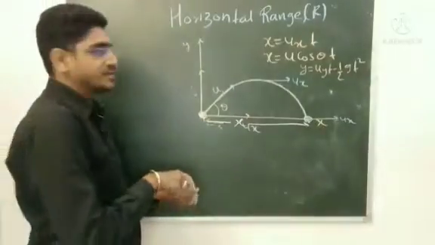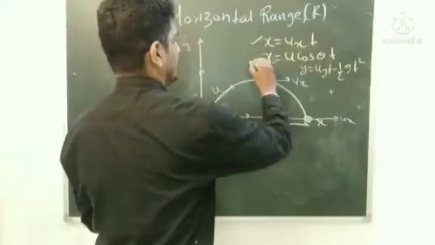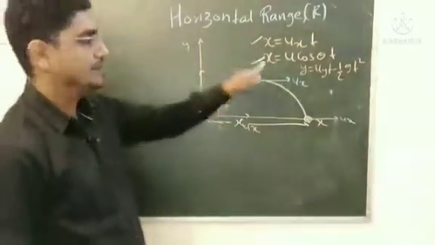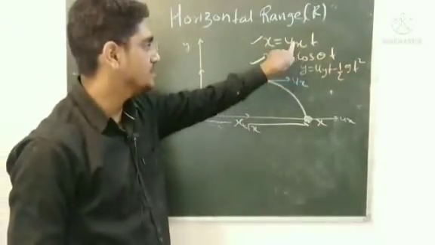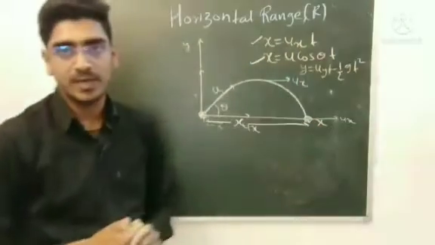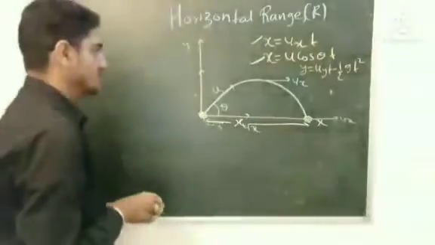As we have seen these two equations, x equal to ux into t, or x equal to u cos theta into t, because ux equal to u cos theta, and y equal to uy t minus half g t square.